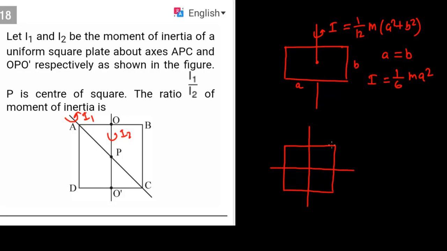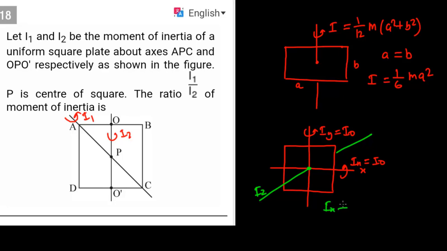Both divide this square into equal parts. About this, this is y, this is I naught, and this is x, about x it is also I naught, and this axis which is perpendicular to the plane is Iz.